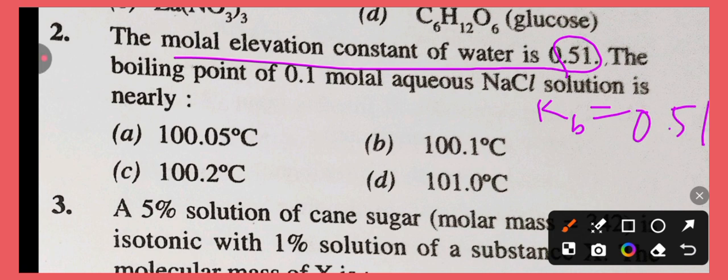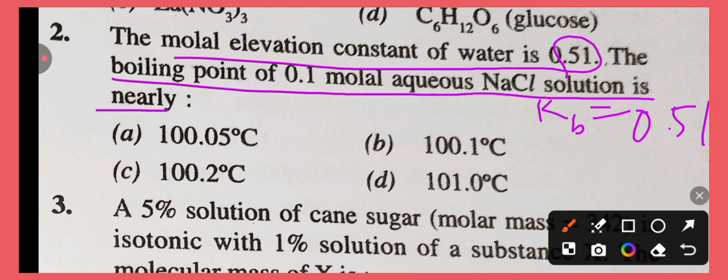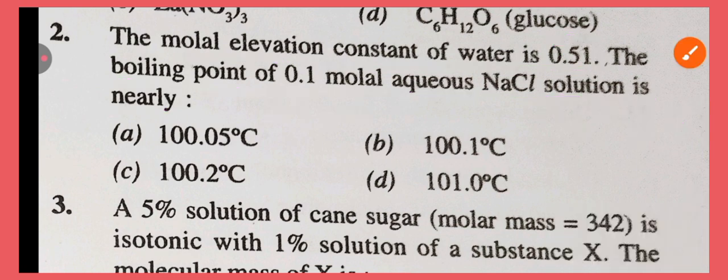The boiling point of 0.1 molar aqueous NaCl solution is nearly. Here the molality is also given, 0.1. Here we need to understand and put the formula of elevation of boiling point, that is del Tb, elevation in boiling point, del Tb is equal to Kb into molality.